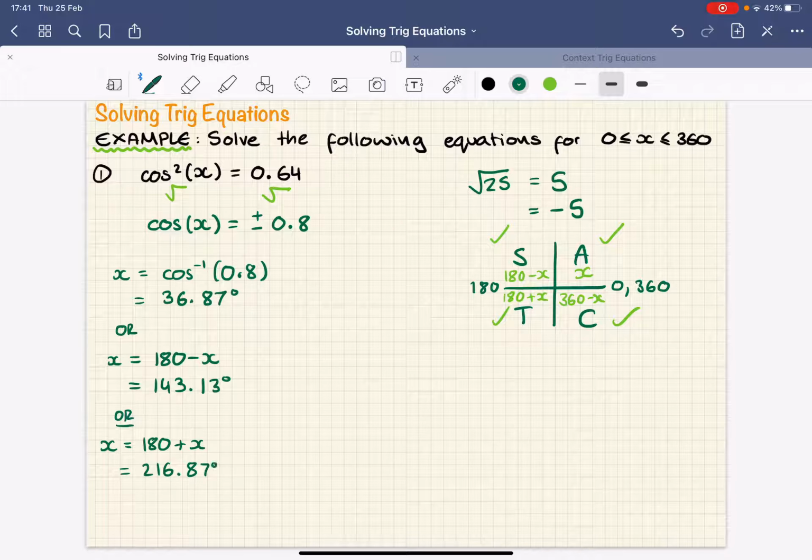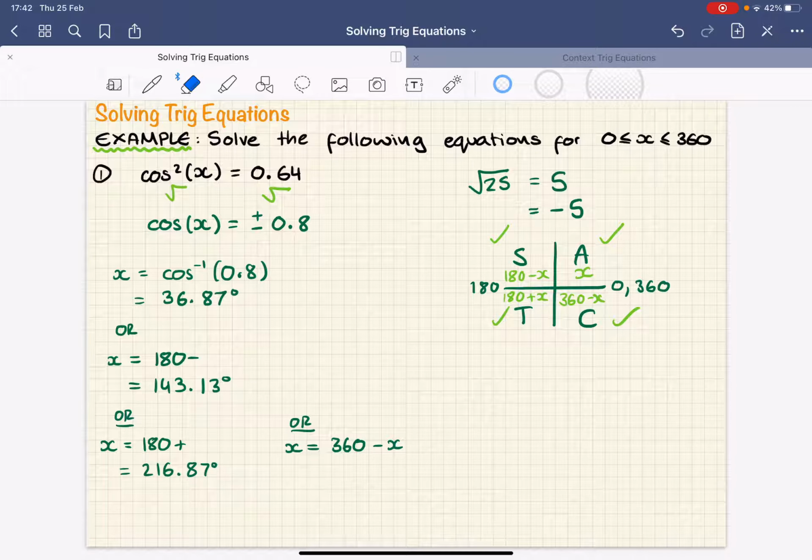Or my final potential answer, can I fit it down there? Probably not. I'll write it the side over here. My final potential answer would be the 360 degrees take away x. I've been writing x each time. Let's just quickly change it to that 36.87.